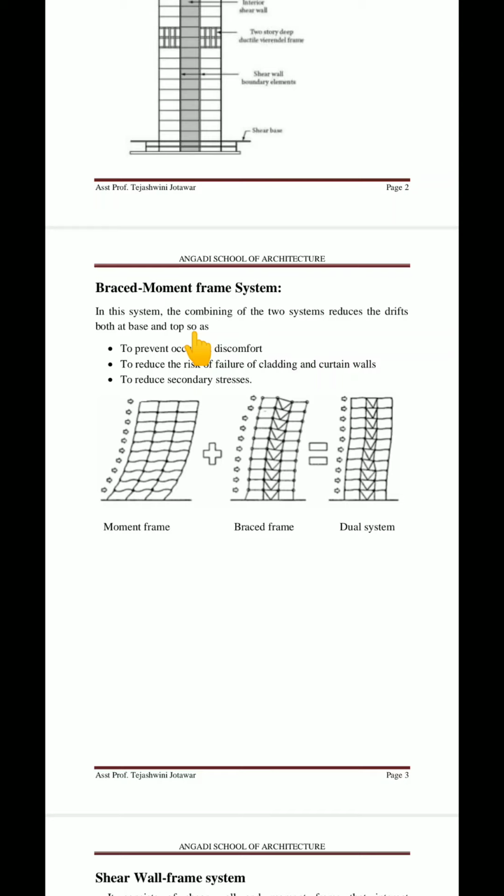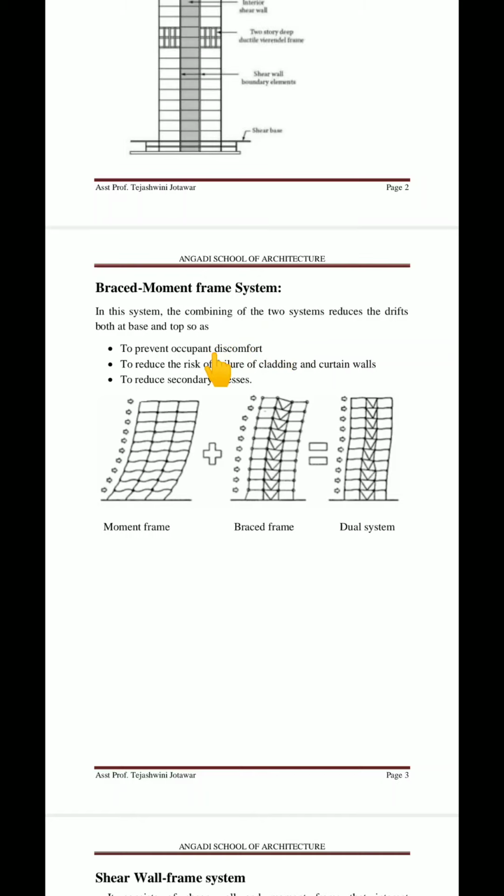We need to reduce the drift to prevent occupant discomfort. Whenever there is a very huge or high-rise structure, the drifts occurring at the base or near the base floors are comparatively lesser, but near the topmost story the story drifts are very huge, which may create discomfort to the occupants.